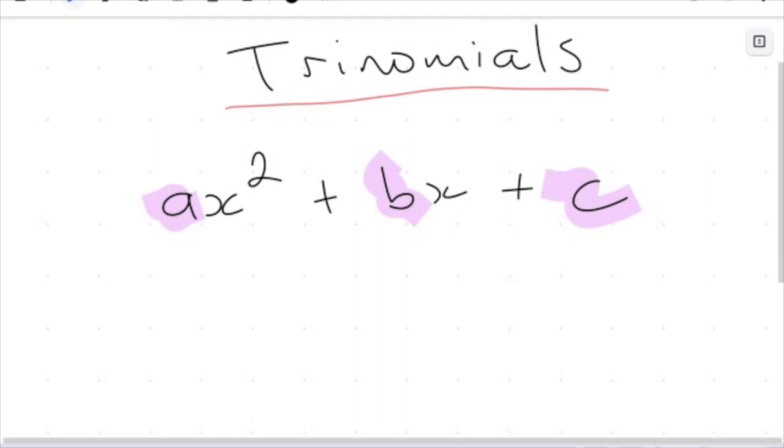These are just representative of any numbers in front of my x squared or my bx, as well as my whole number at the end. These are just the numbers in front of x squared, x, and then this last number down the end.